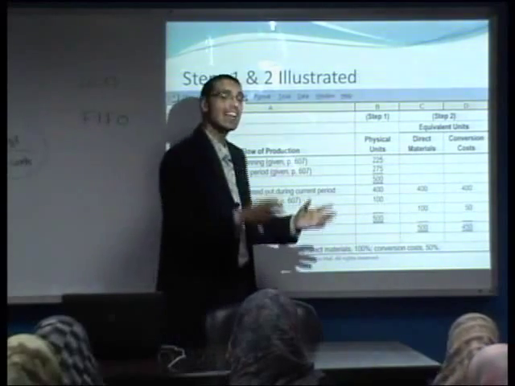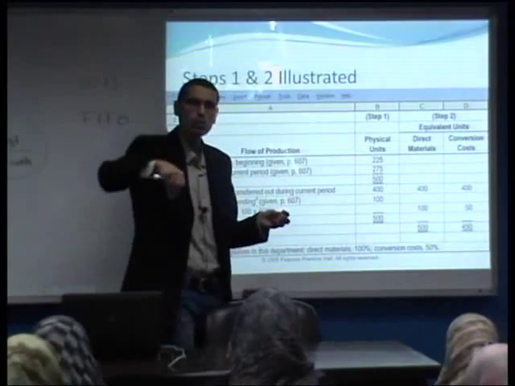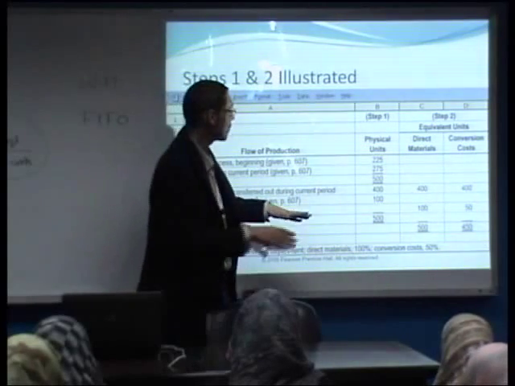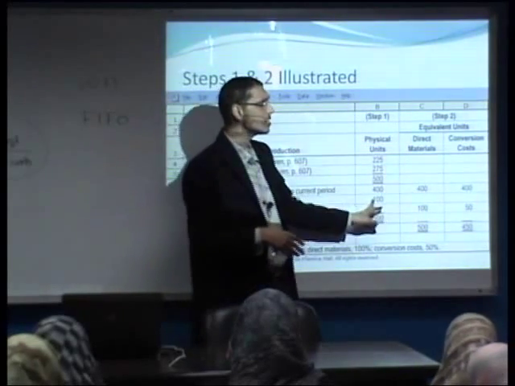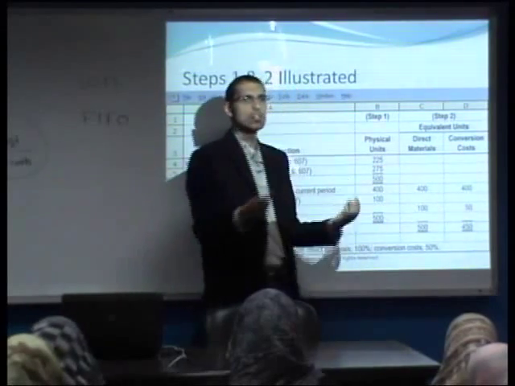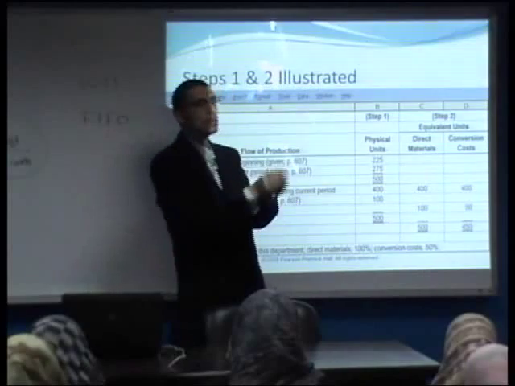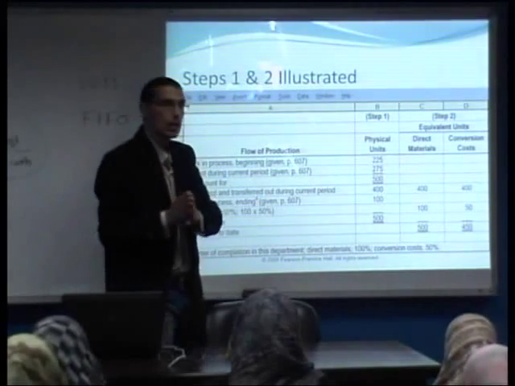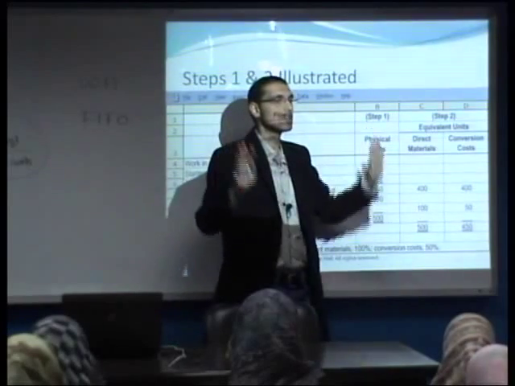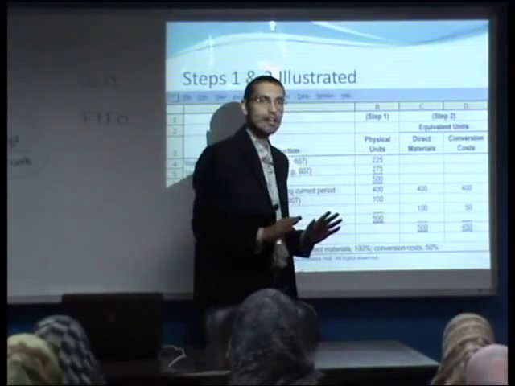This is the data that was also given within the example. Therefore, from the 100 units, the equivalent units according to the direct materials category is also 100 units. Why? Because 100 units multiplied by 100%. Therefore, 100 units. It has taken all the direct materials that it needs to be finished.